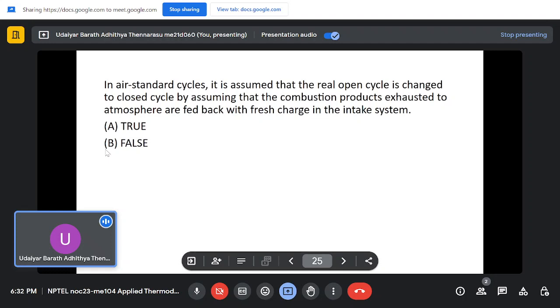So moving on, in air standard cycles, it is assumed that the real open cycle is changed to a closed cycle by assuming that combustion products exhausted to atmosphere are fed back with fresh charge in the intake system.